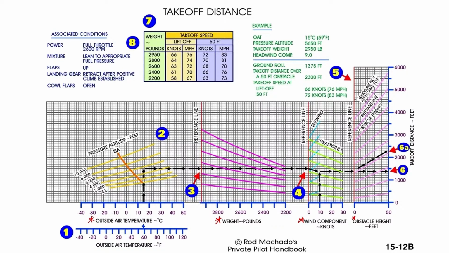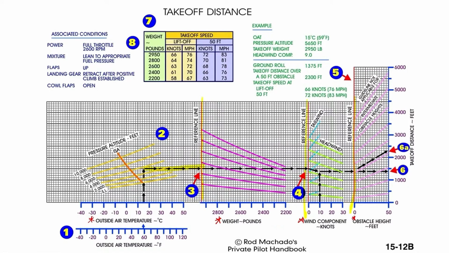Every single time you're done calculating, you're going to notice a reference line, a vertical line that separates each one of these sections. These are your reference lines right there. What you're supposed to do is calculate the first part, then take that line straight over to the reference line, and then calculate the second part.